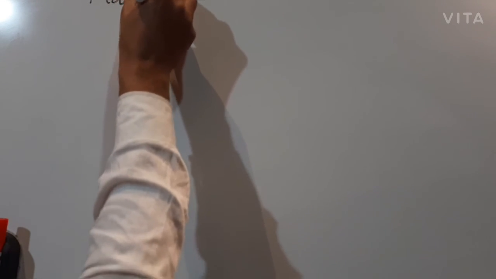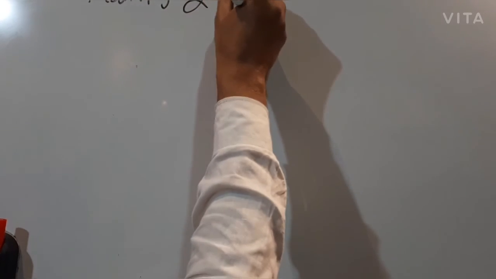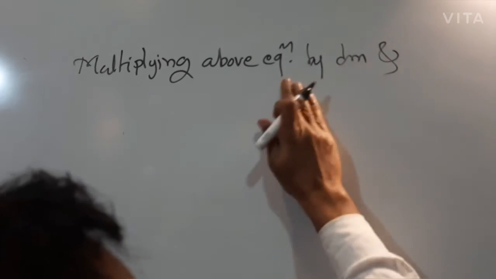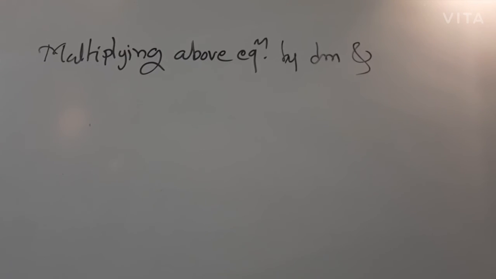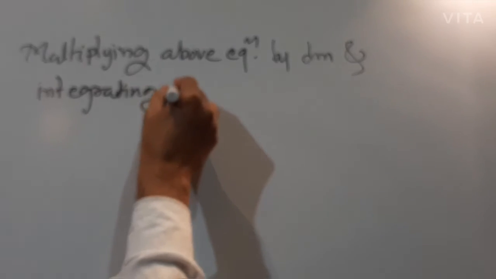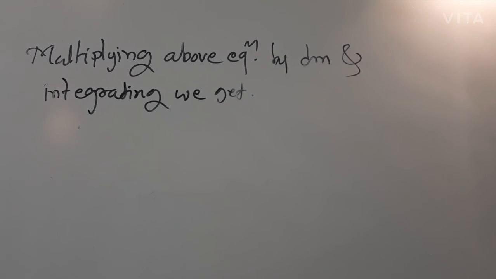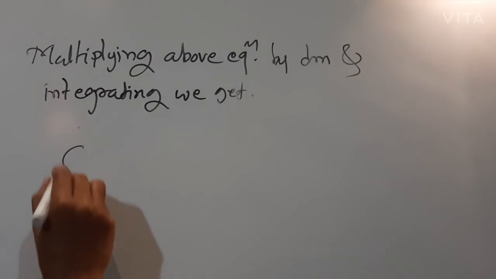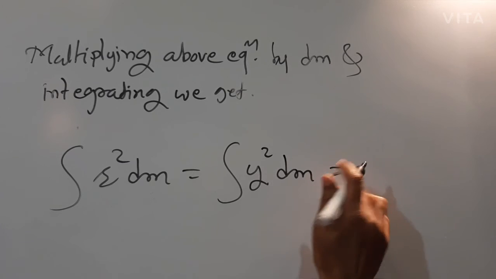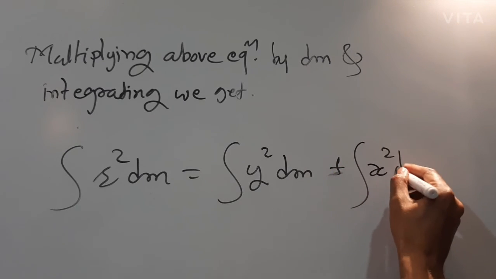So, multiplying the above equation by dm and integrating, we get the integration of r square dm is equal to the integration of y square dm plus the integration of x square dm.